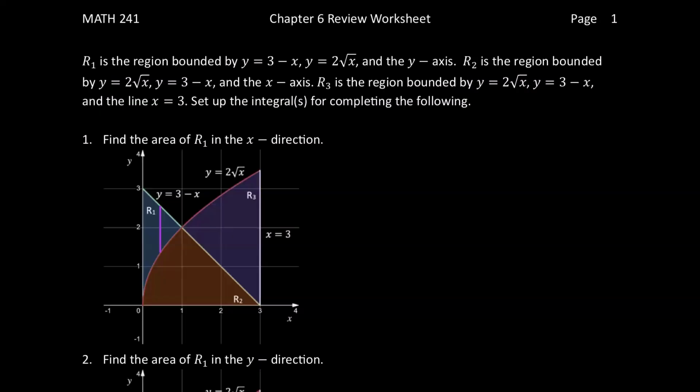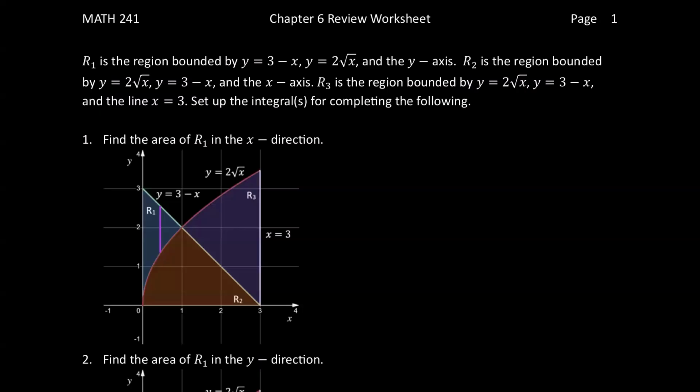So we draw a vertical segment, right? A typical one to help you focus. But you kind of want to eyeball it throughout the entire region. It's like you want to slide this vertical segment throughout the entire region. See if the top part always sits on 3 minus x and the bottom always sits on 2 square root of x. If that's the case, you do it in one integral.